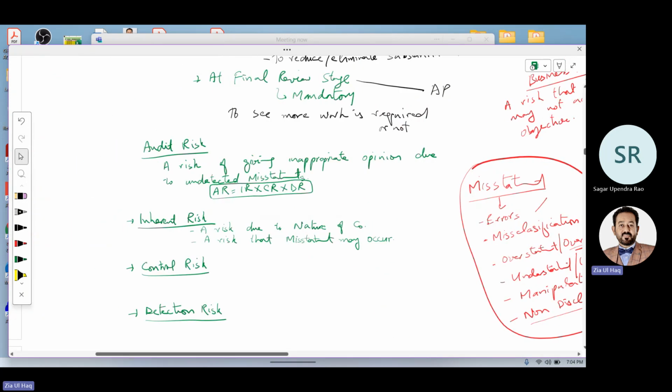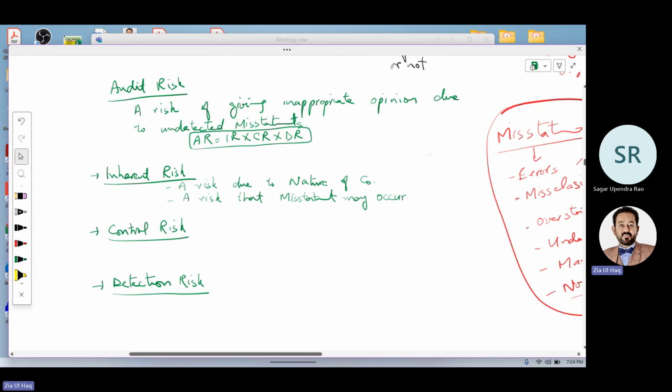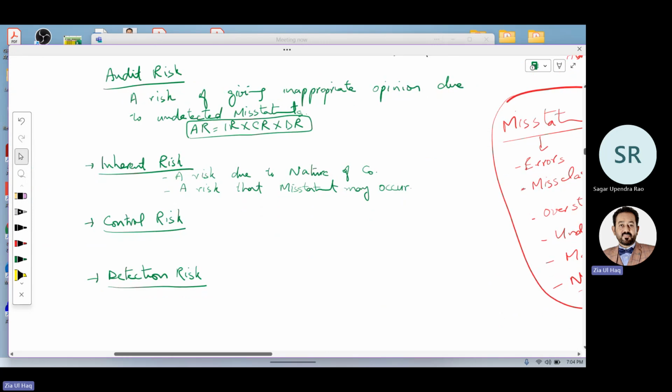So what is audit risk? A risk of giving an inappropriate opinion due to undetected misstatements. And there are 3 types of audit risk. Inherent risk, a risk due to nature of company, or a risk that misstatement may occur. What is control risk?